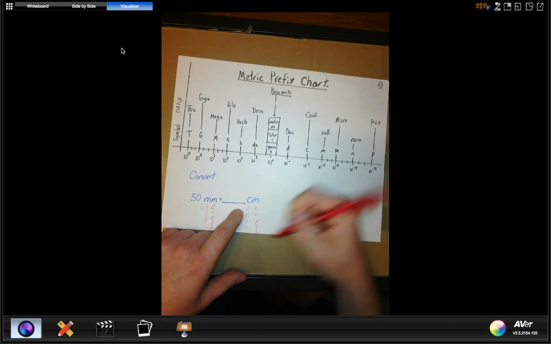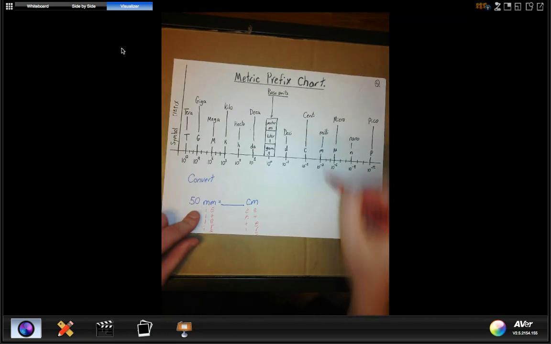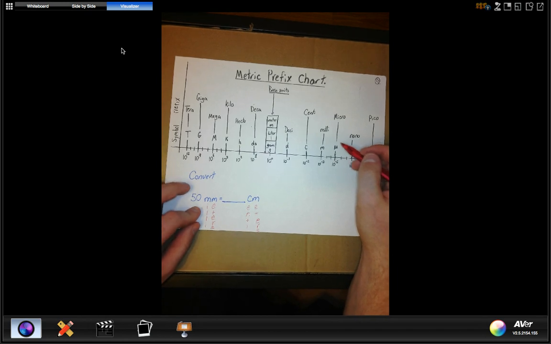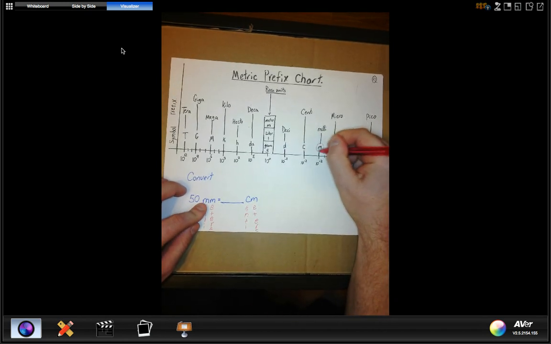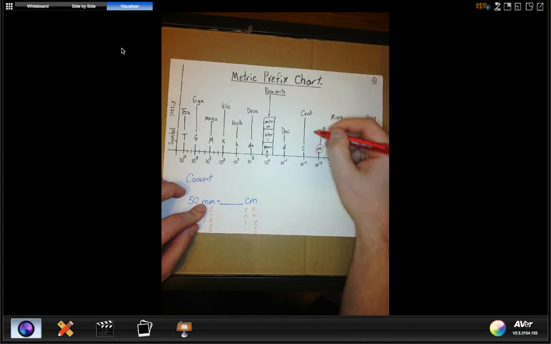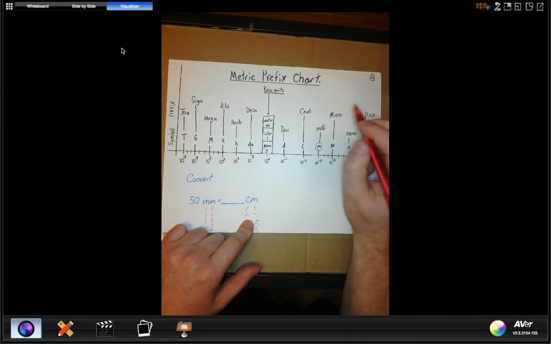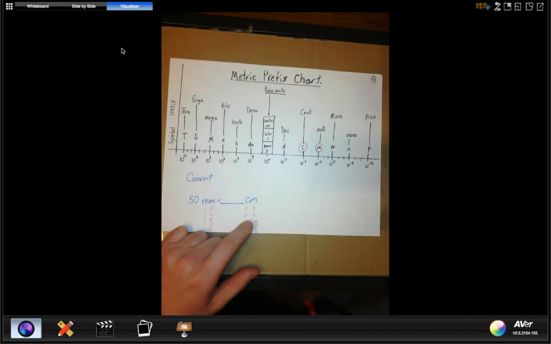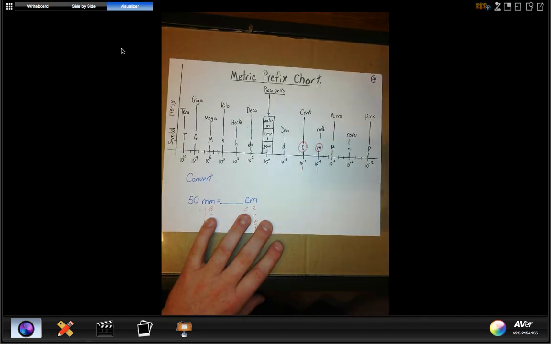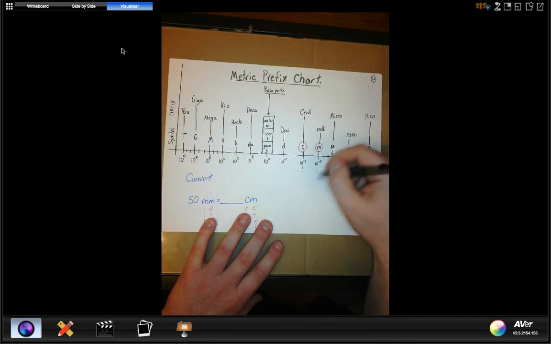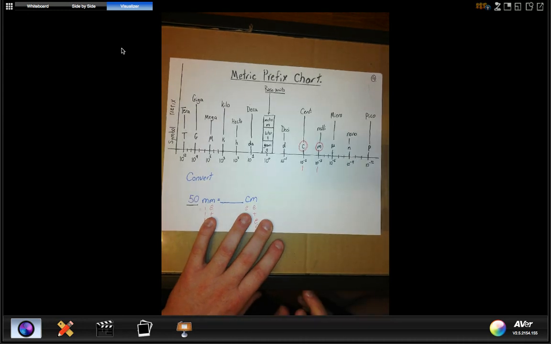Cool. So once again, let's identify where I need to start from. I'm starting at millimeters. Here's M for milli. And I'm just trying to go to centi. Not far, right? Just one place over. Again, before I start converting anything, I'm going to write down the unit that I have.